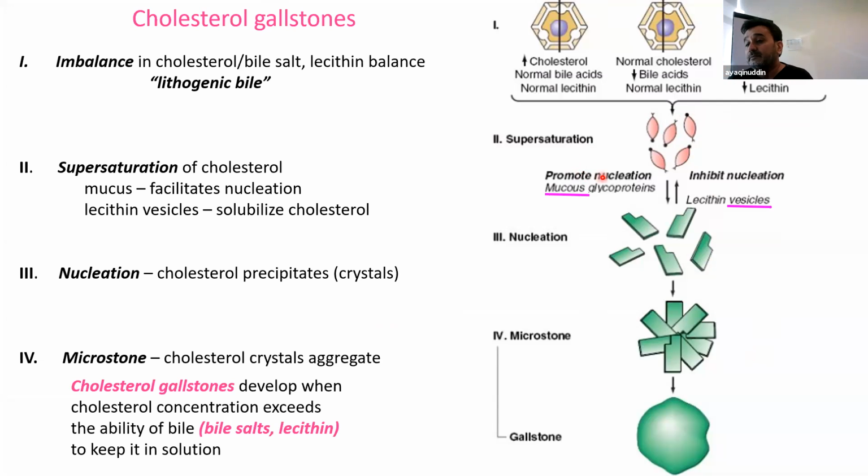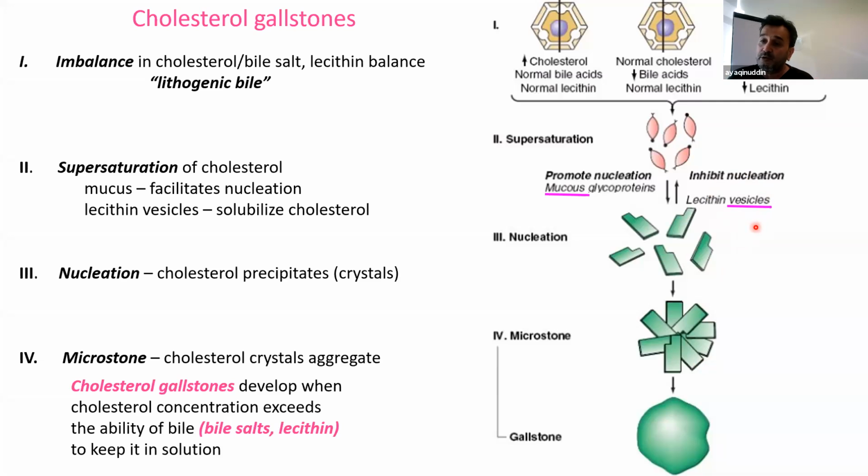So mucus glycoproteins help in supersaturation of cholesterol, while the lecithin, which is the phospholipid, inhibits the nucleation and crystal formation. So if you have more phospholipid or more bile salts, there would be less gallstone formation.